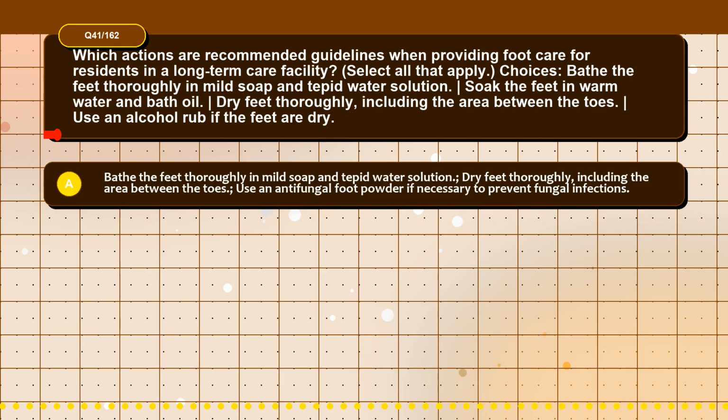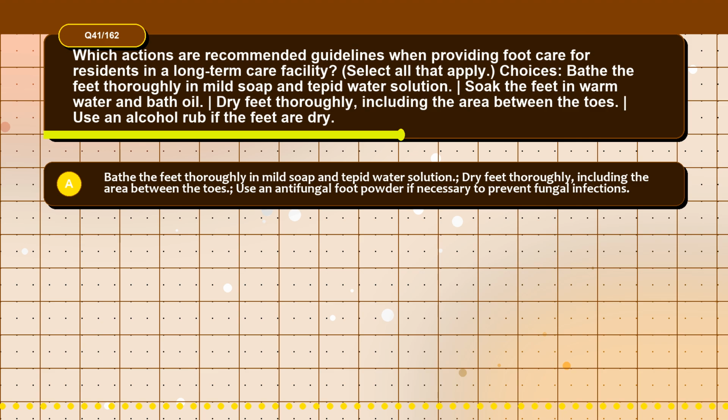Question 41. Which actions are recommended guidelines when providing foot care for residents in a long-term care facility? Select all that apply. Choices: bathe the feet thoroughly in mild soap and tepid water solution. Soak the feet in warm water and bath oil. Dry feet thoroughly, including the area between the toes.